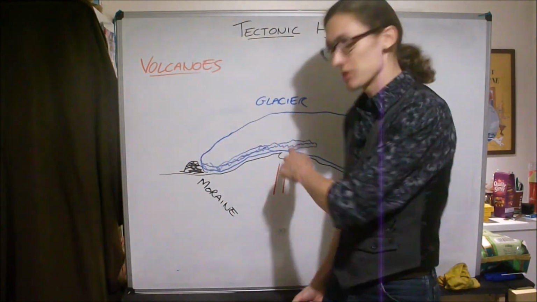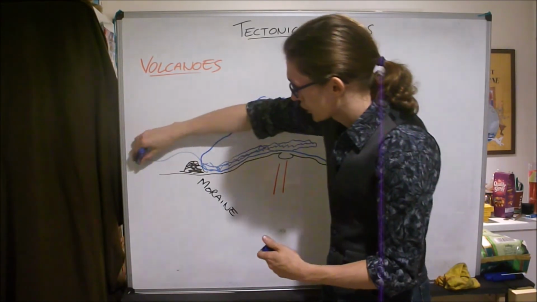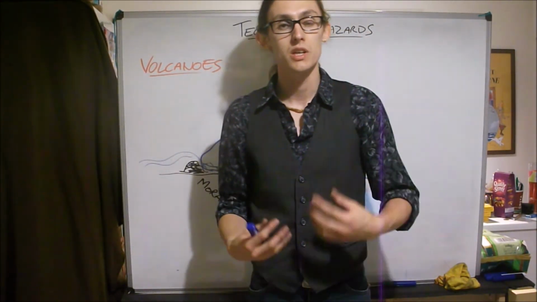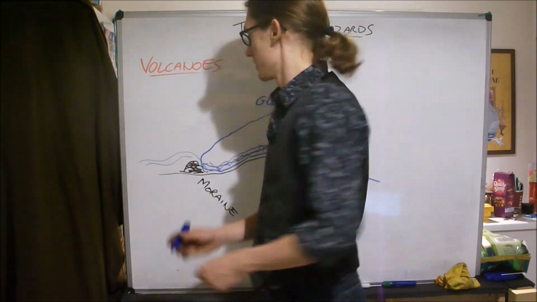Now, this is a vast amount of water that's being held there, so you get this huge rush of water which comes out. This is called a glacial outburst, or a Jökulhlaup from the Icelandic.